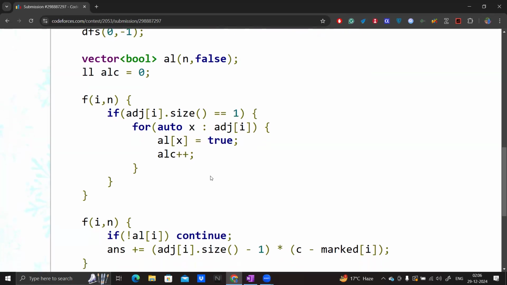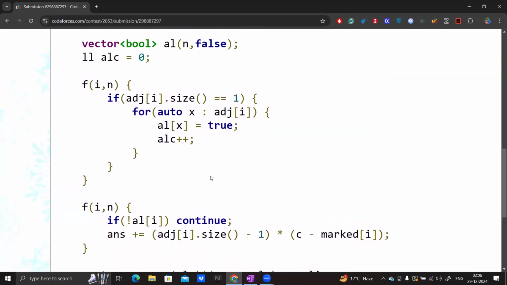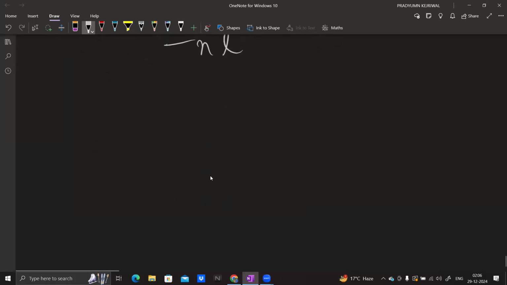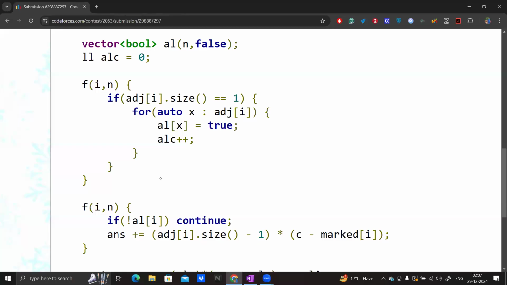But I think there is a mistake here, because it might be that the same vertex would be counted two times. In this case, this is a leaf, and this is a leaf. So this is counted two times, or I mean three times.